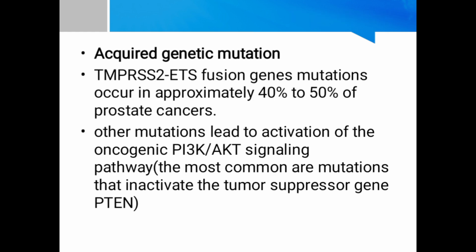Acquired genetic mutation is also a risk factor. TMPRSS2-ETS fusion gene mutation occurs in approximately 40% to 50% of prostate cancer. Other mutations lead to activation of the oncogenic PI3K signaling pathway. This is the most common mutation that inactivates the tumor suppressor gene PTEN.